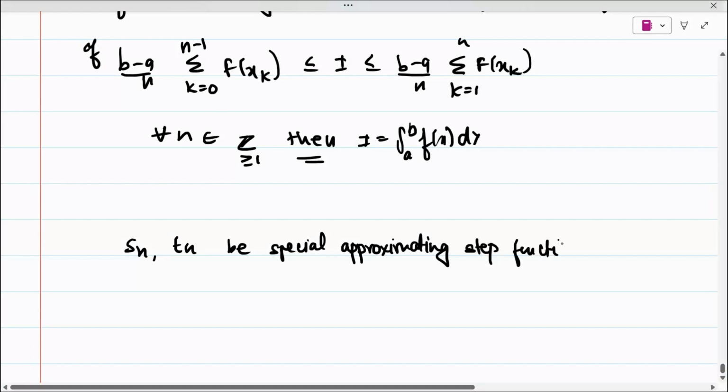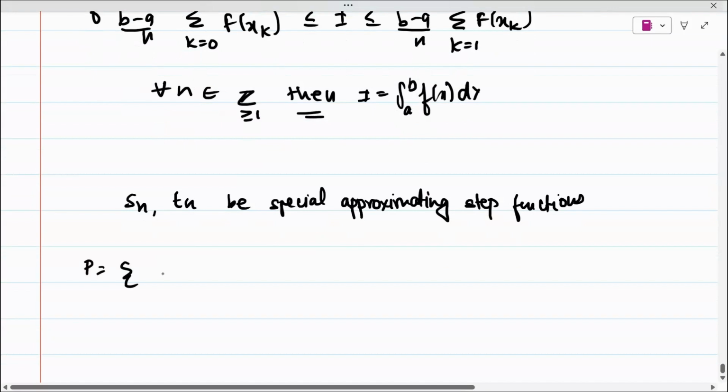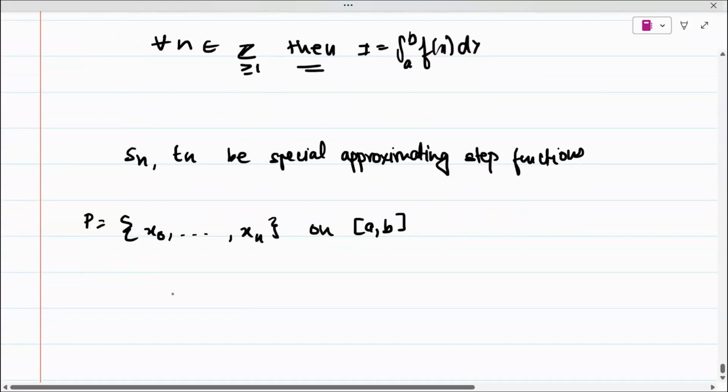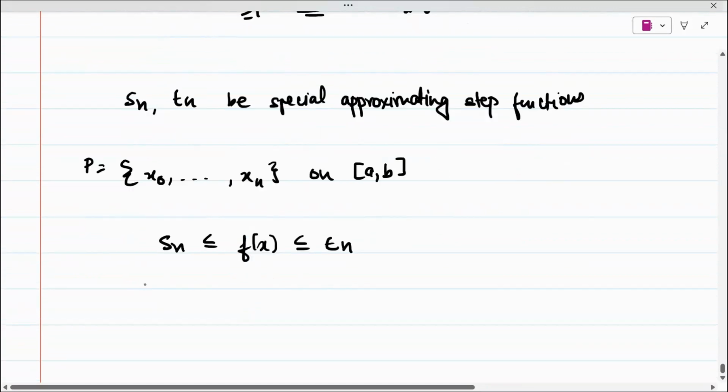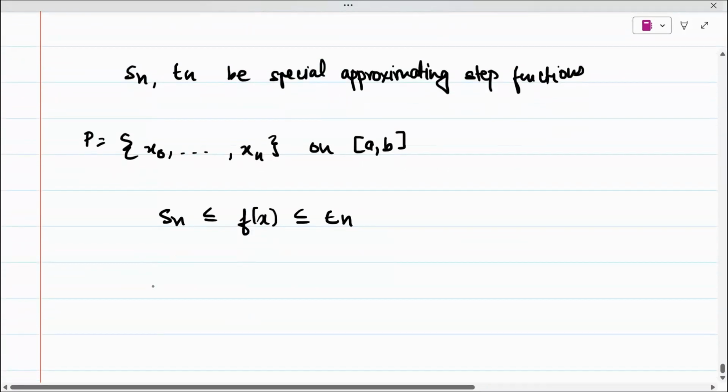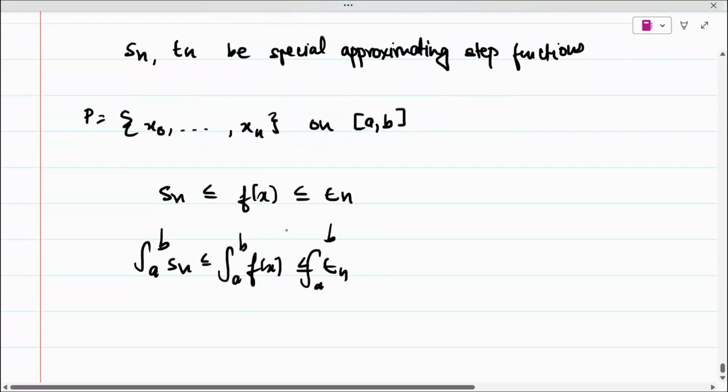Okay. And define on the partition of that interval a, b. Now sn is less than or equal to f of x, less than or equal to tn. So this inequality holds by the comparison theorem.